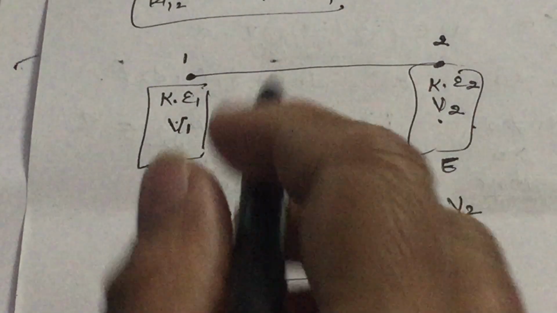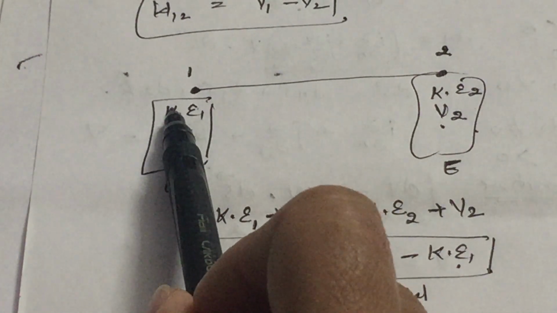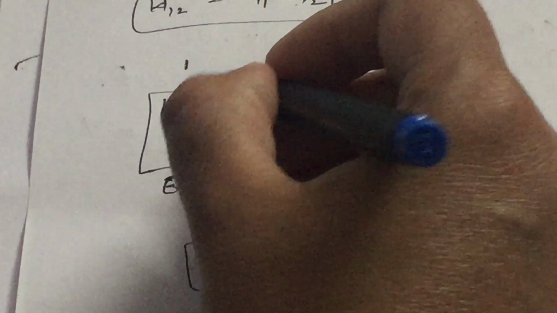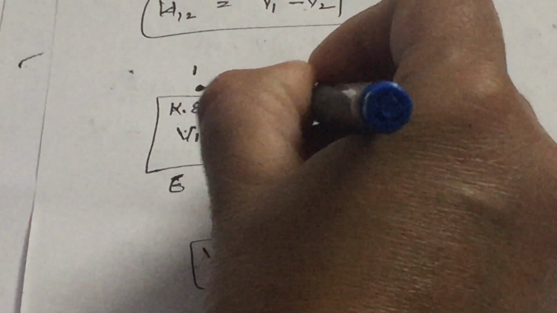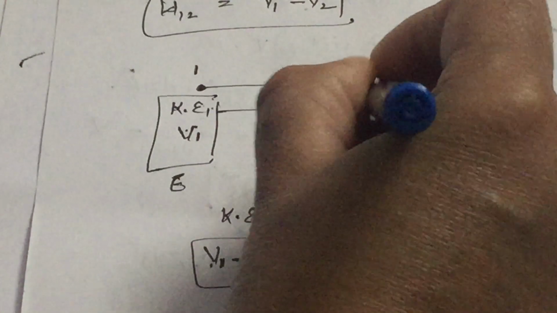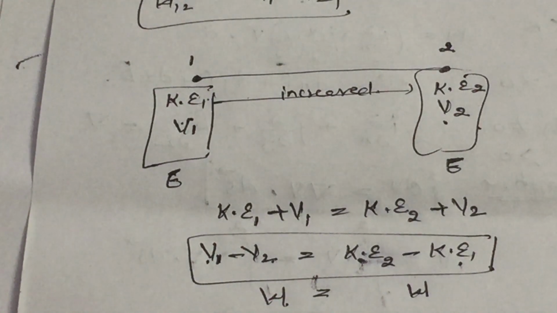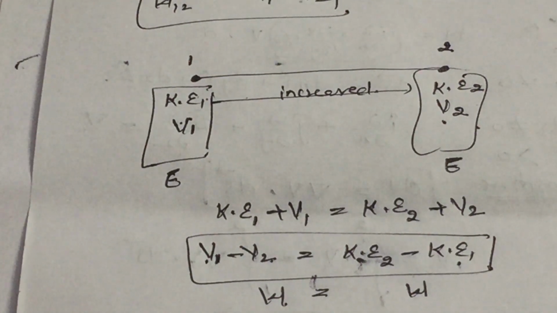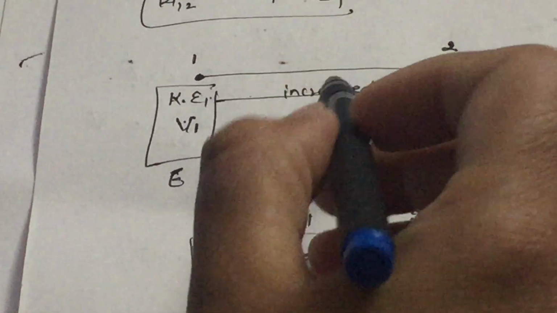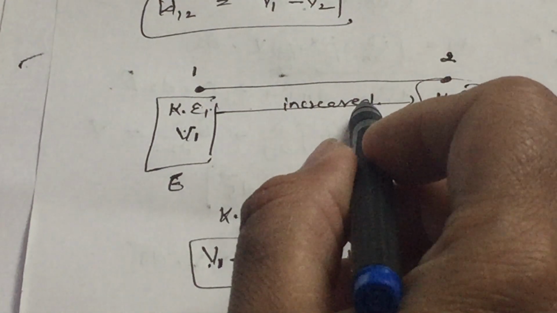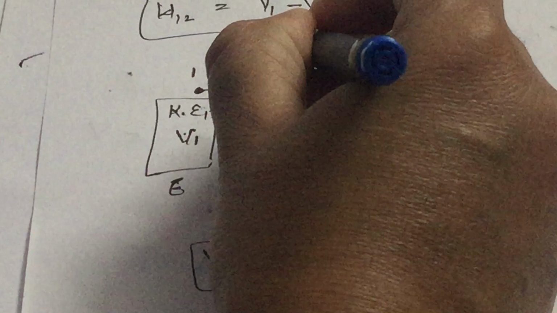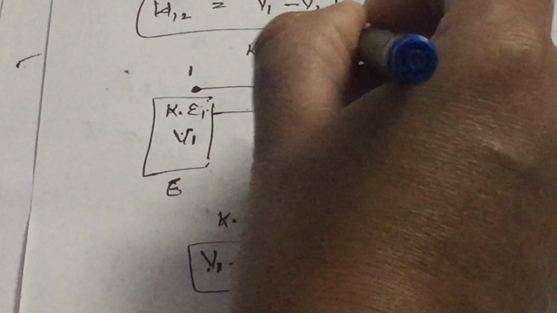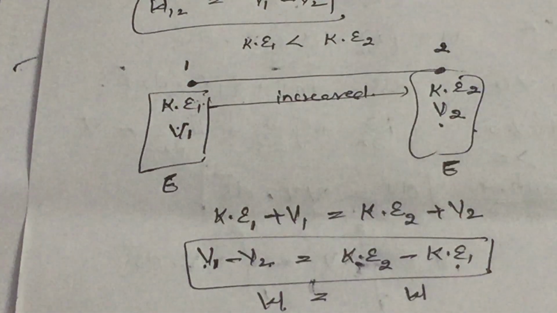It is very obvious that if the kinetic energy increases, let us consider the kinetic energy increased in this case, it means the body's velocity is increasing. It is speeding up. If the kinetic energy is increasing, it means kinetic energy at the initial point is small as compared to the kinetic energy at the final point.